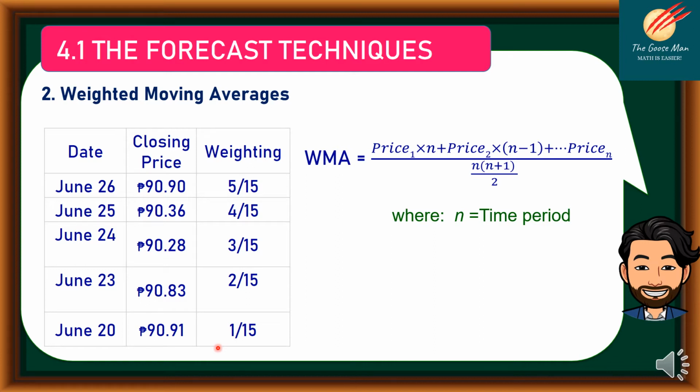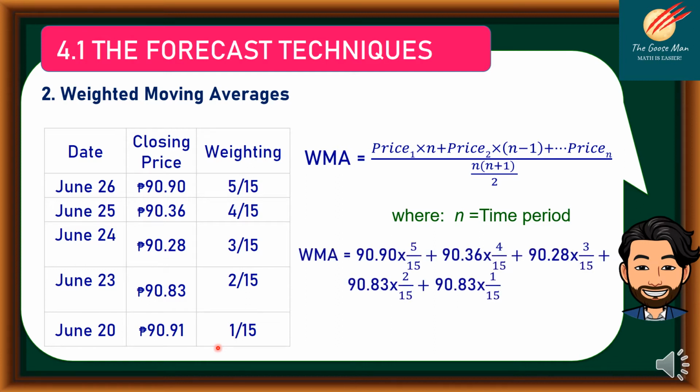Applying the formula, we multiply 90.90 times 5 over 15, 90.36 times 4 over 15, 90.26 times 3 over 15, then 90.83 times 2 over 15, and finally 90.91 times 1 over 15, divided by the total 15.